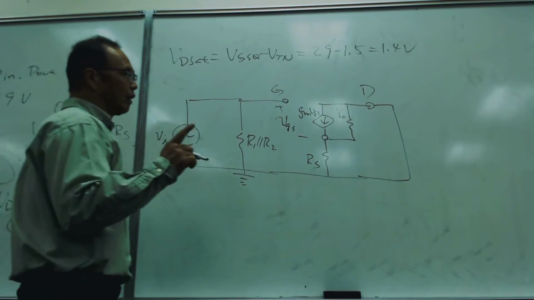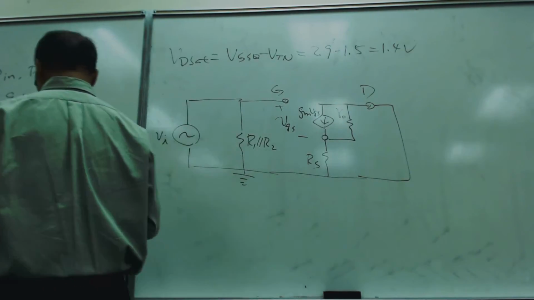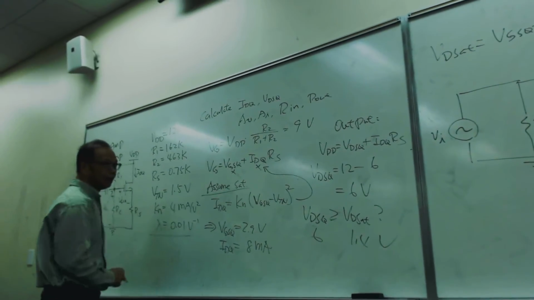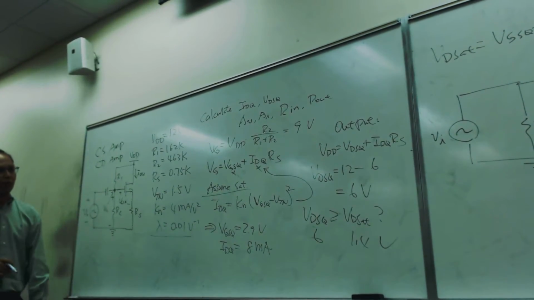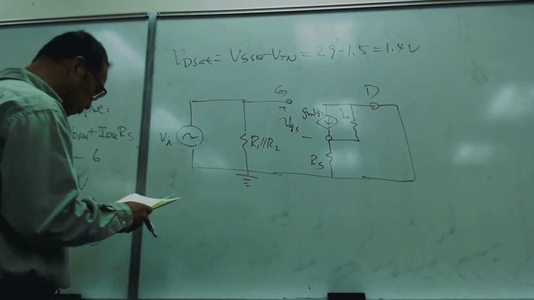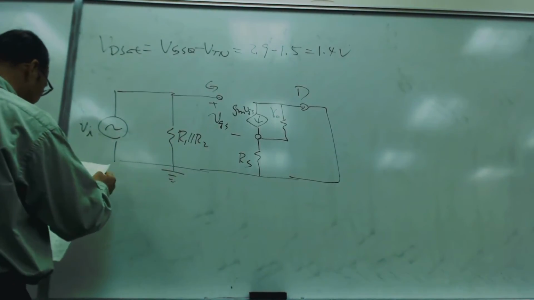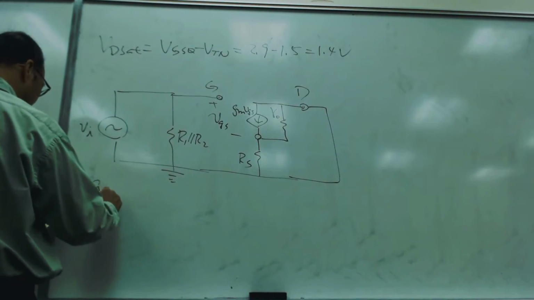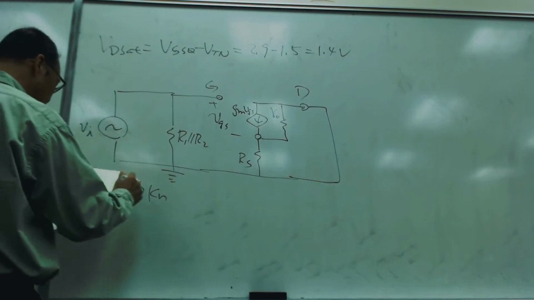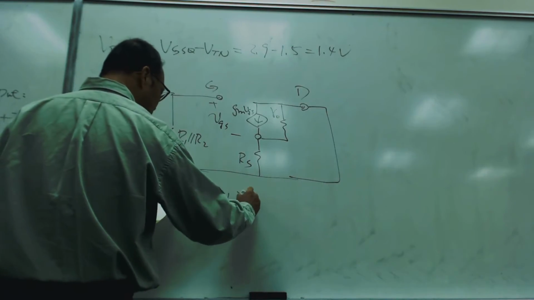You cannot neglect R sub O this time because lambda is given. Okay. So let me see what is G sub m. The formula is gm equal to 2kn times VGSQ minus VGN, right?